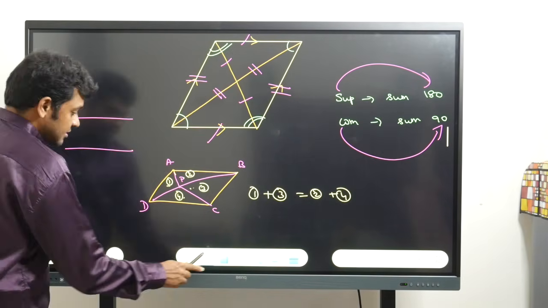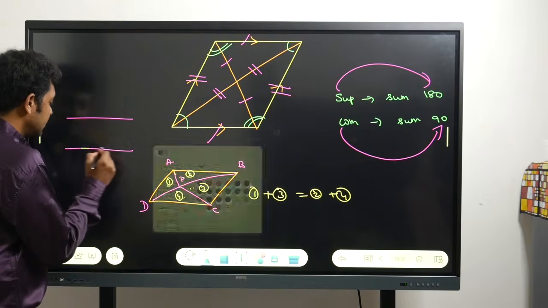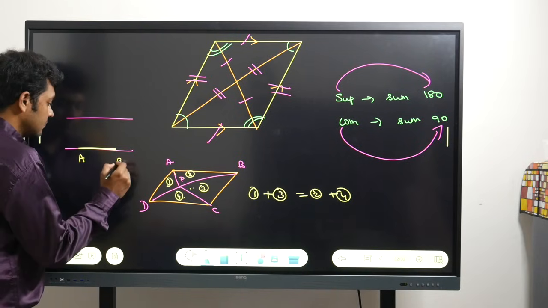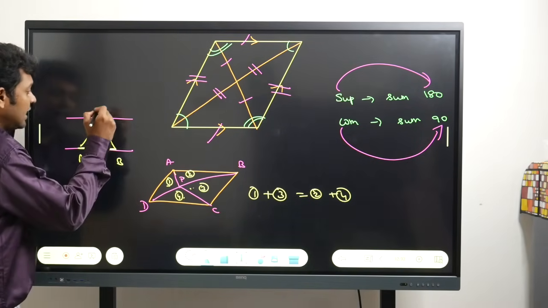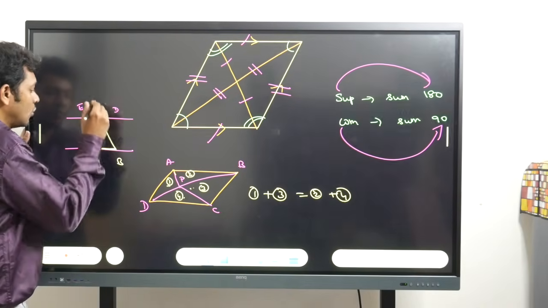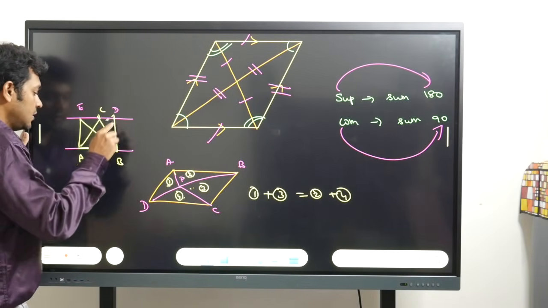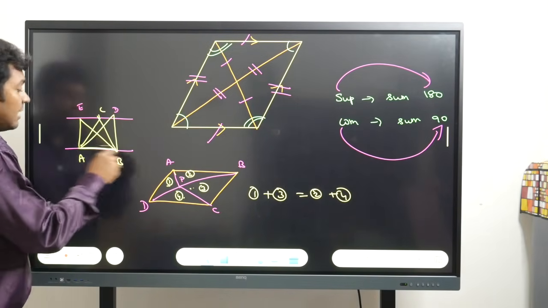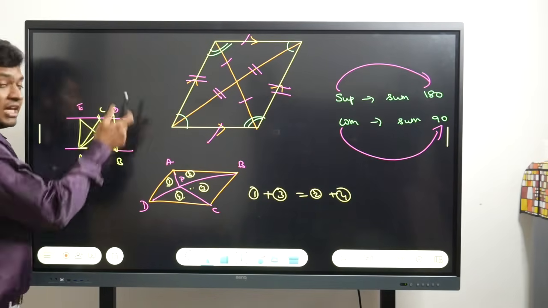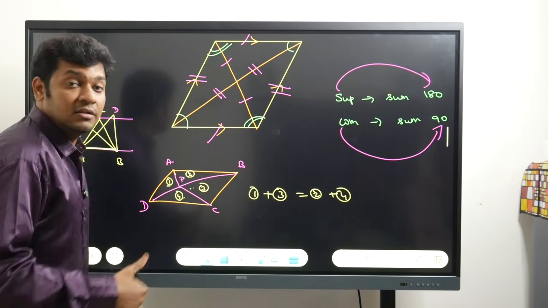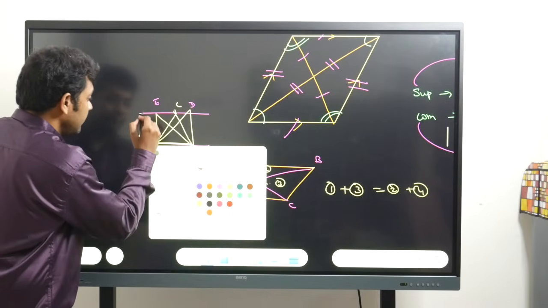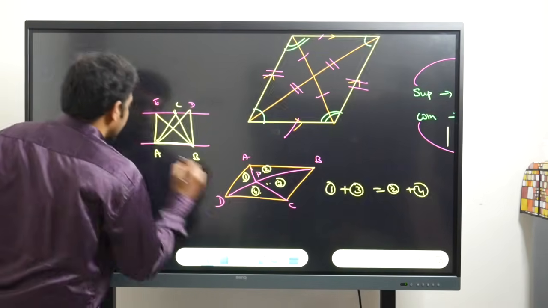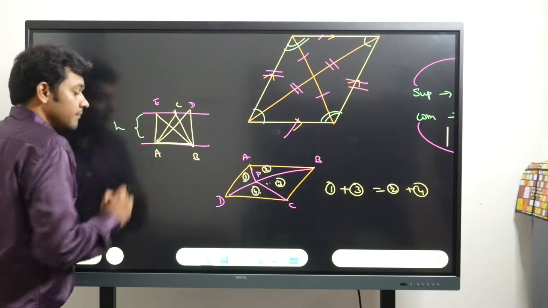Okay, one more thing. You take two parallel lines and say this is the base of a triangle, say AB. Take a point C. You take any point C, D, E and so on. The three triangles ABE, ABC, ABD, with AB as the base, the areas of all these triangles are equal. Why? Because the height of all these triangles is the same.